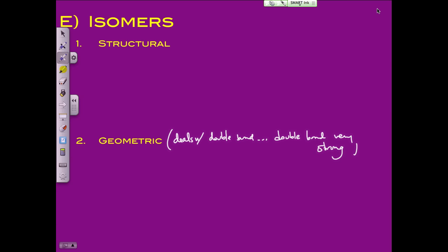If I have this carbon, carbon, carbon, carbon, and I've got branches, we've talked about the fact that it doesn't matter if these are up or down, because if you have a single bond between two carbons, notice that if I spin my fingers, it's easy to do.